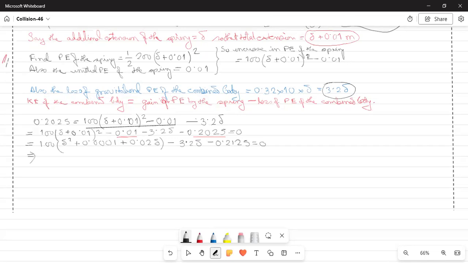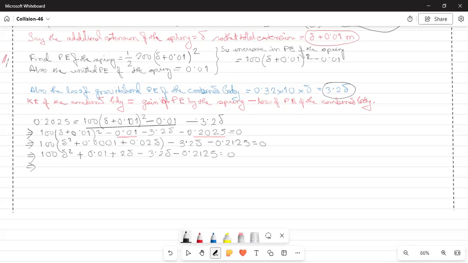From here we find 100 delta square plus 0.01 plus 2 delta minus 3.2 delta minus 0.2124.